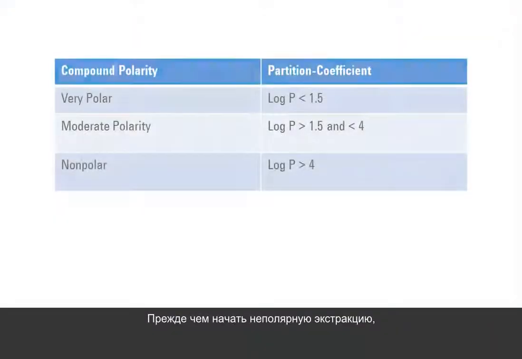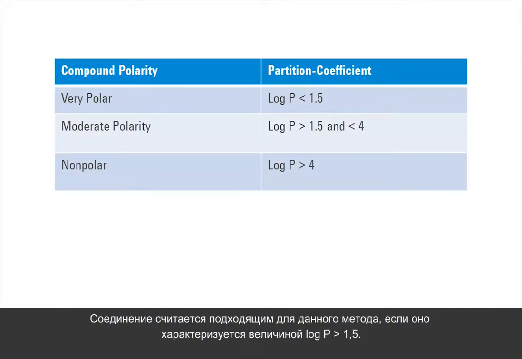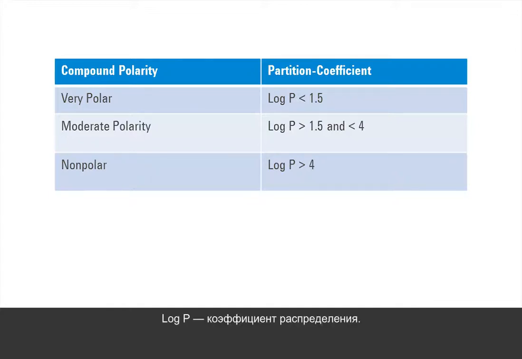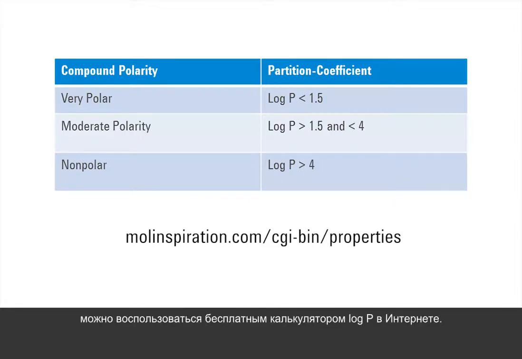Before beginning nonpolar extraction, you need to decide if your compound is even a candidate. In order to be a candidate, the compound of interest should have a log P value greater than 1.5. Log P is a partitioning coefficient. If log P of a compound is unknown, you can use a free log P calculator found on the internet.